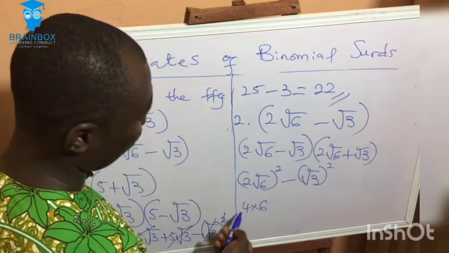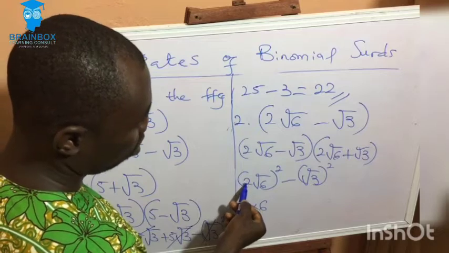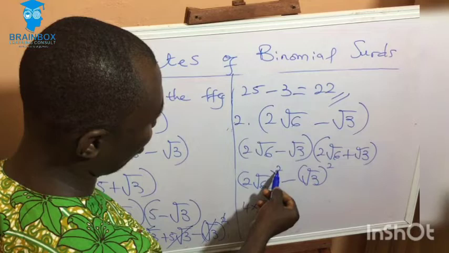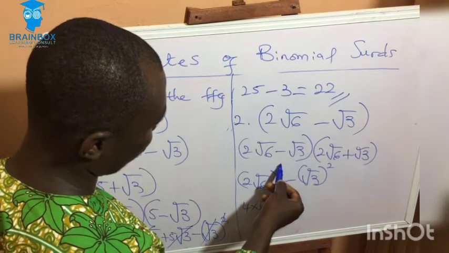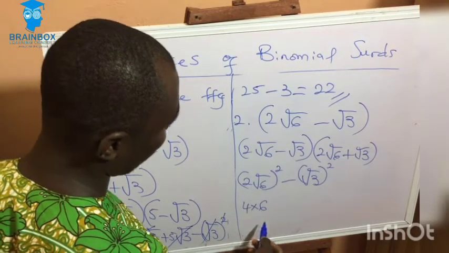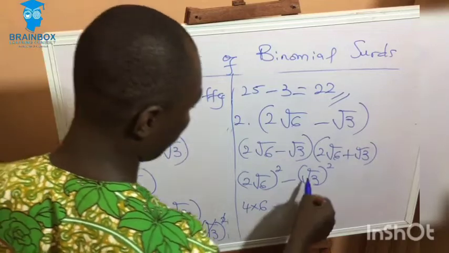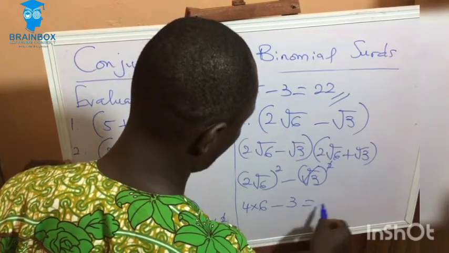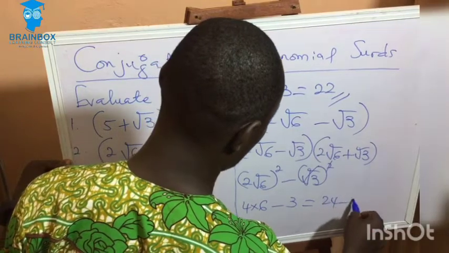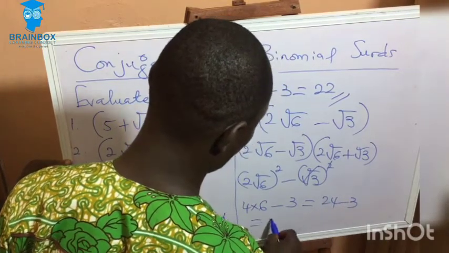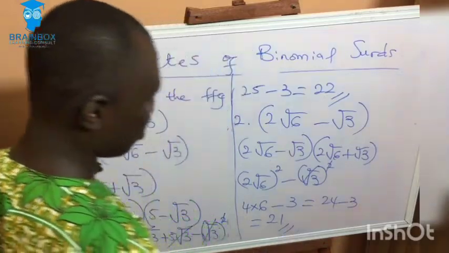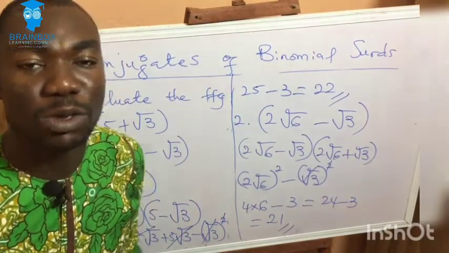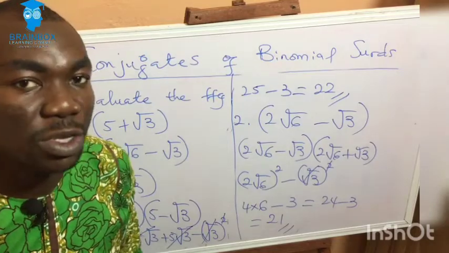If you don't know why it is 4 times 6, that's 2 squared will give us 4 times root 6 squared. The square will cancel the root, so we're having 6, minus, this cancels, this will be having 3. So that will be 24 minus 3 will be having what? 21.